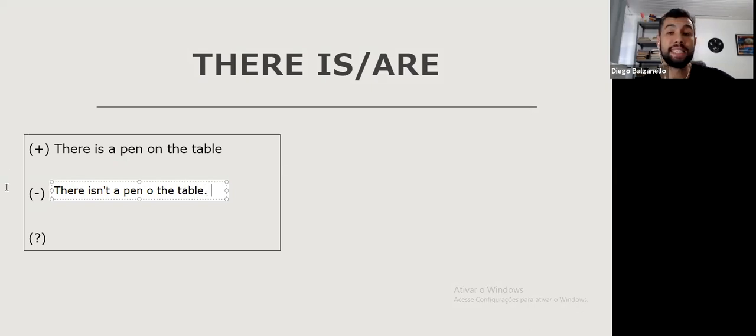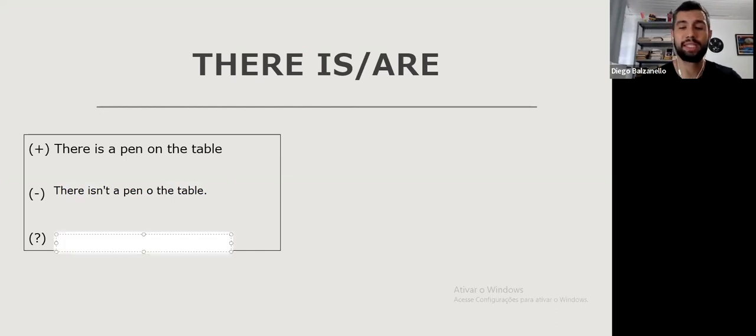Remember that isn't is the negative form of is. And what would be the question? The question would be: is there a pen on the table?